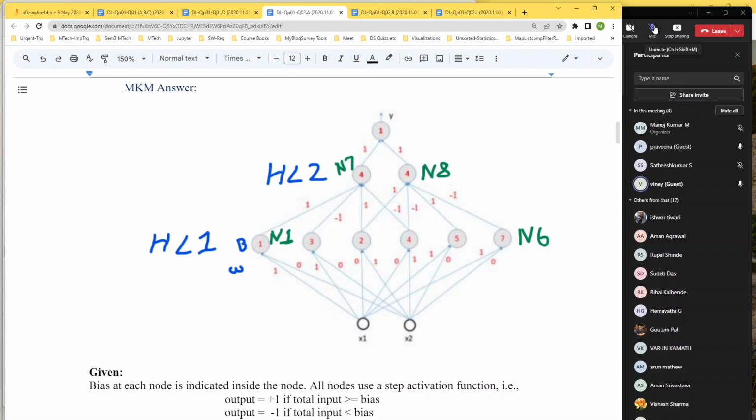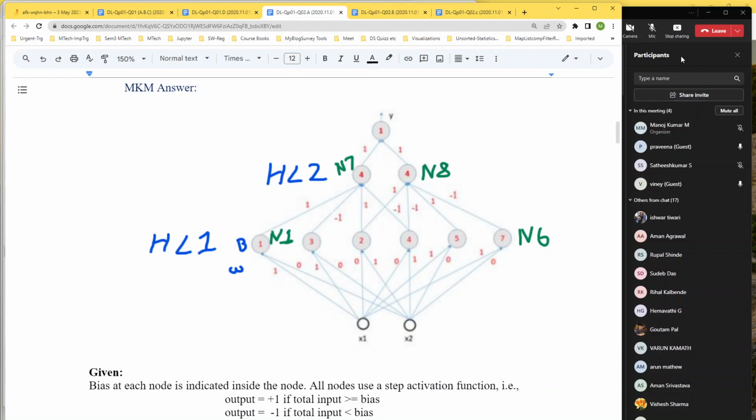Since it is more than its bias, what will its output be, 1 or minus 1? If the total input is greater than or equal to the bias, then it will be plus one. Bias is one, total input is greater, so it will be plus one.